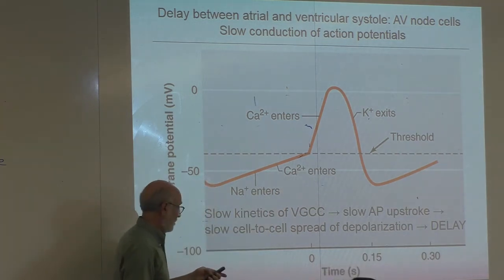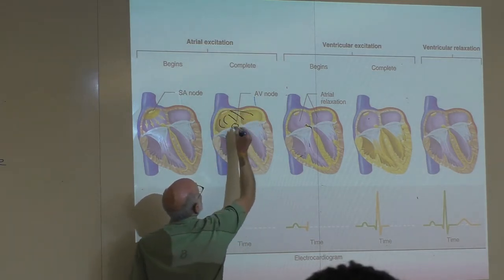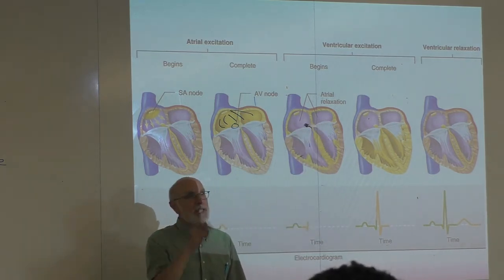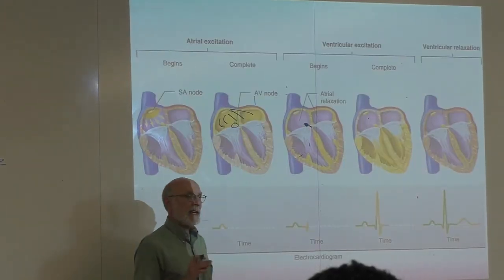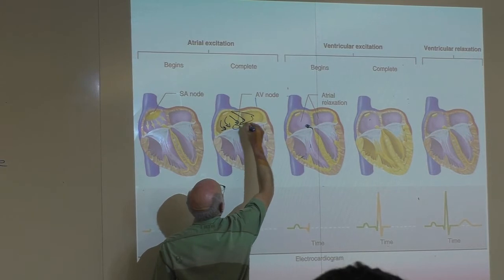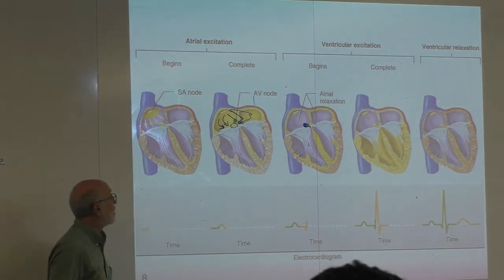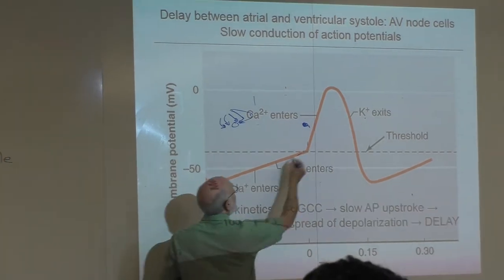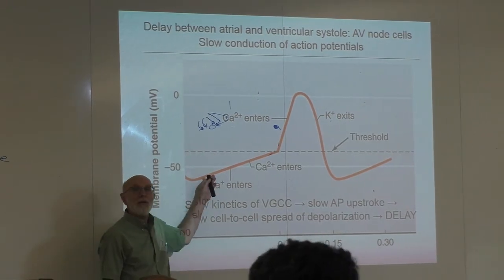But usually, the spread of electrical activity through the atria reaches the AV node, and the firing of its action potential is usually triggered by its neighbors and not usually triggered by itself.